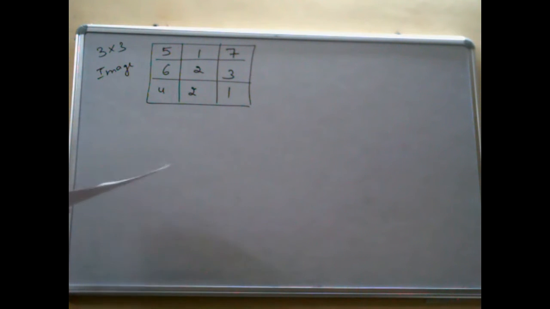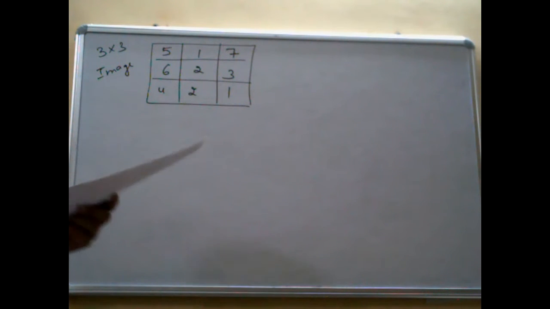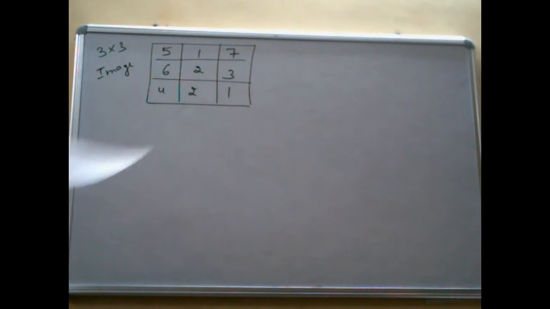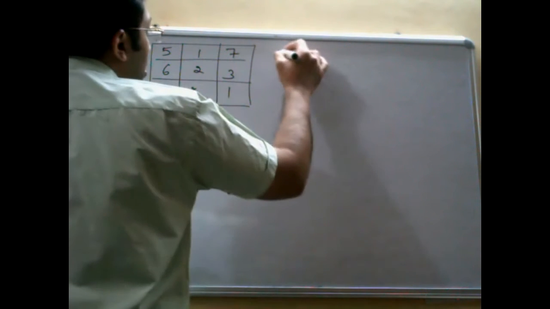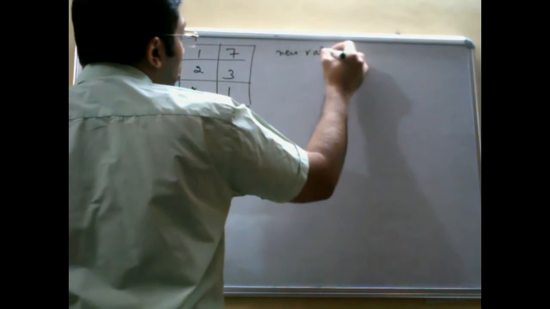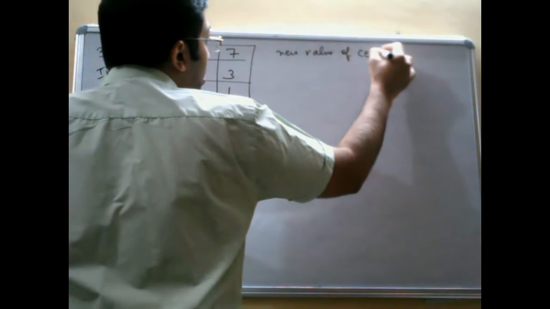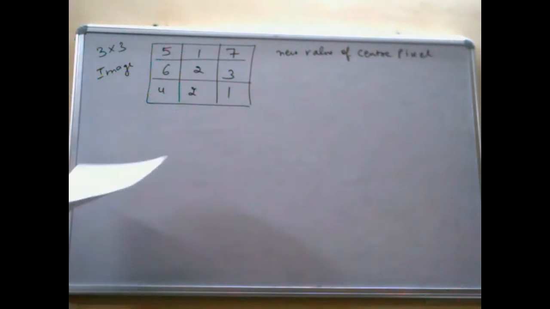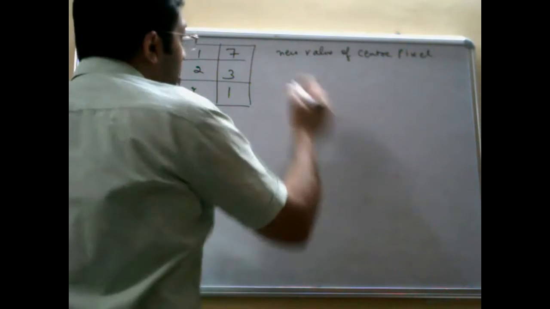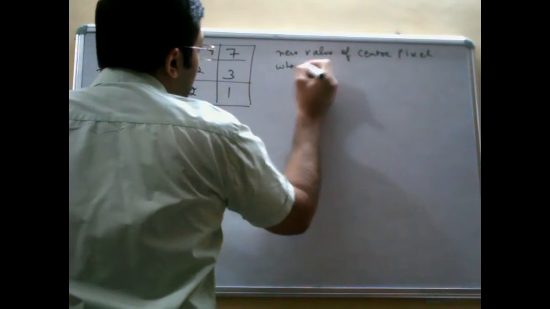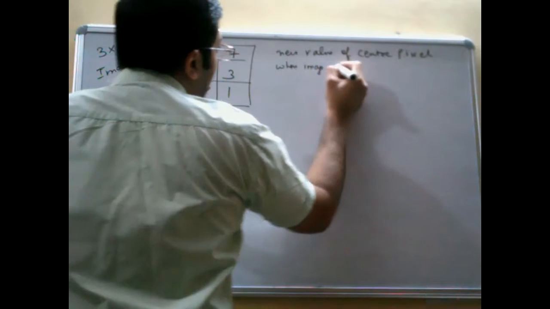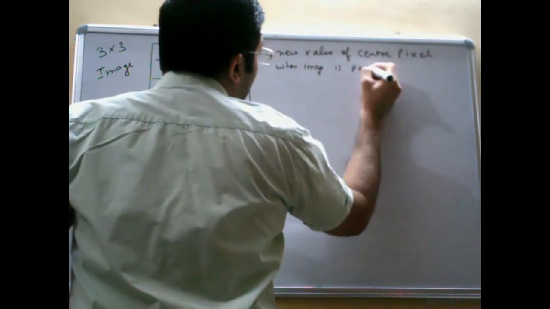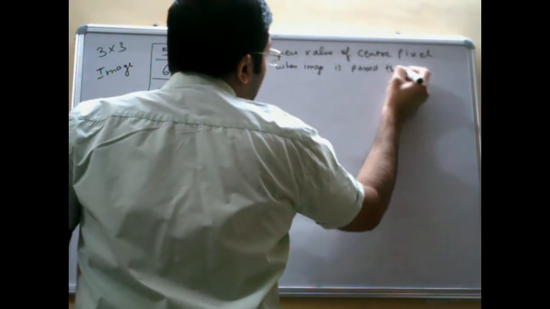What you need to do is write down what will be the new value of the center pixel when this image is passed through a filter.